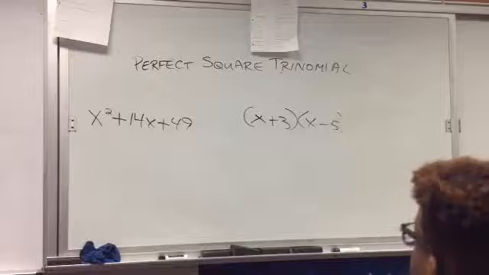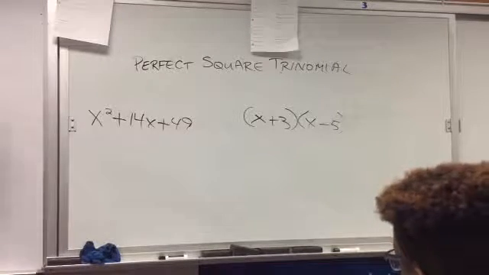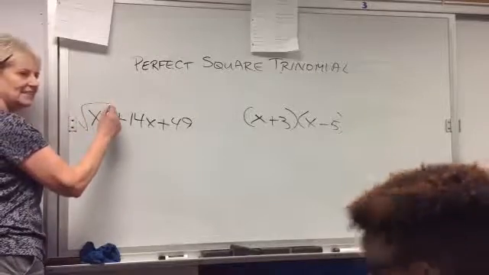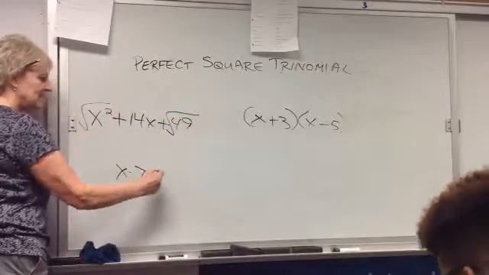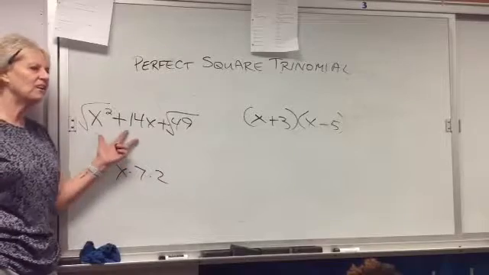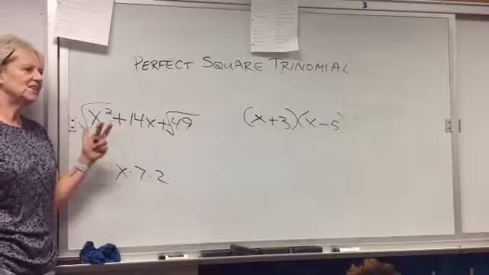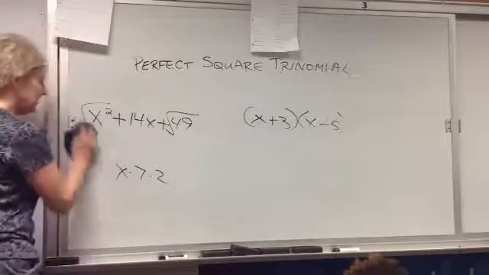Because when you multiply by 2, you get 14x. Yep, it is one. Because the square root of that times the square root of that times 2 is that. That's how you tell if it is one or not. It's a very good thing for you to know. It's going to help you tremendously in chapter 8. Okay, yes or no?